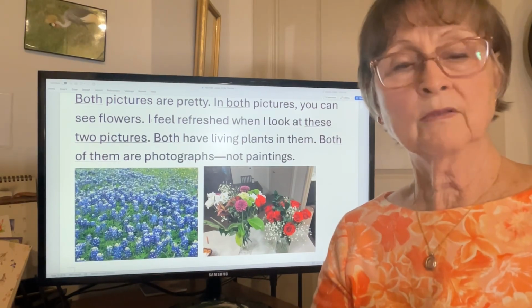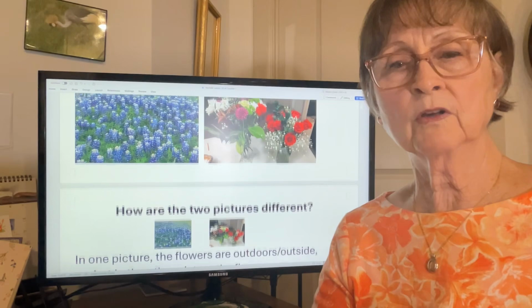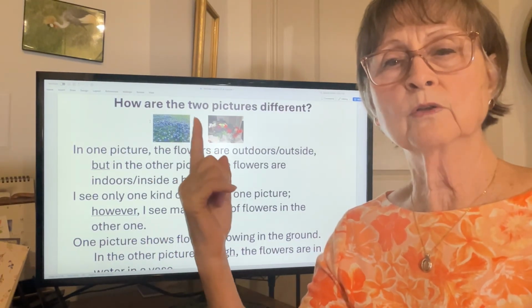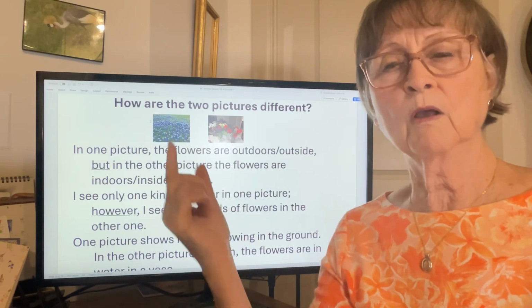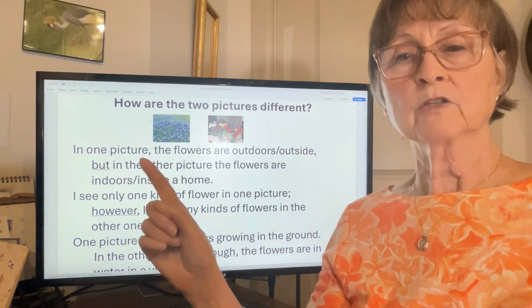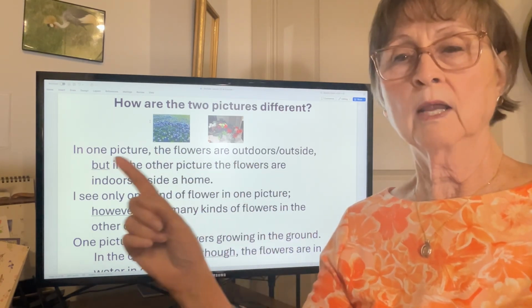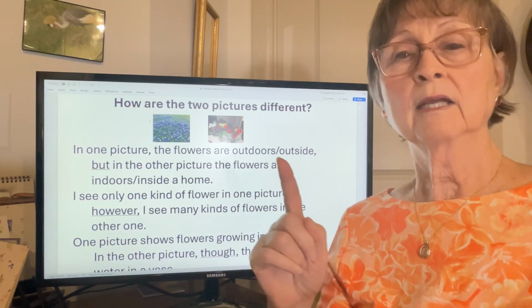Now let's talk about how they're different. I didn't redo the pictures for the next one except in a very small way. Same pictures, I just made them smaller so I could get more on the page. In one picture, the flowers are outdoors, or outside.